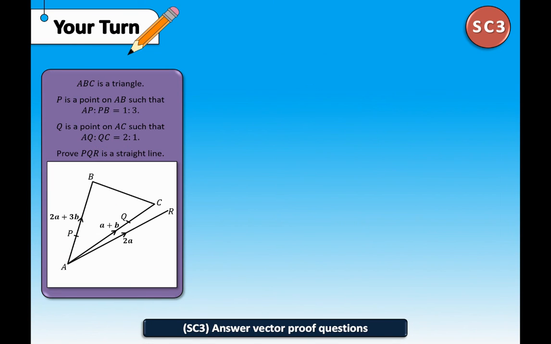And the final question, the purple question, we want to prove PQR is a straight line. We need to work out the vector PQ. PQ is PA plus AQ. PA is 1/4 of BA, and AQ is 2/3 of AC. BA is minus 2a minus 3b, and AC is a plus b.